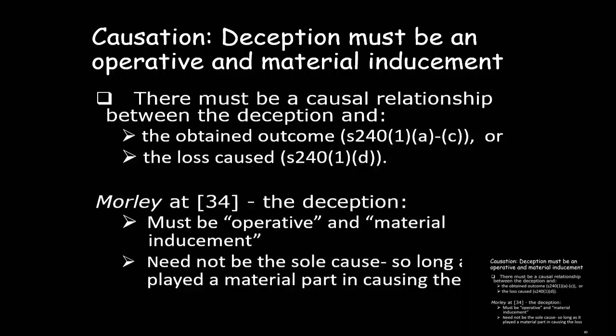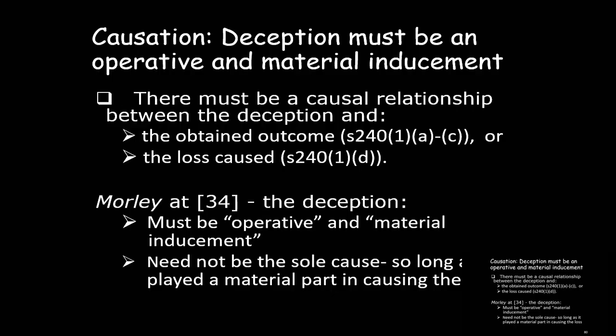Now, as I said at the beginning, the deception must be an operative and material inducement, and it must cause what's obtained or what's lost. Okay, you've got to have a causal relationship, and this is essential.